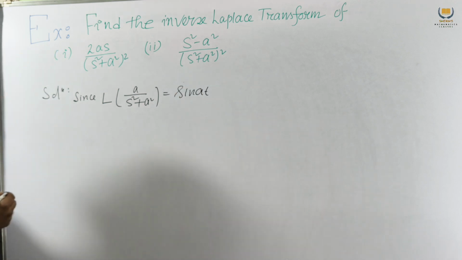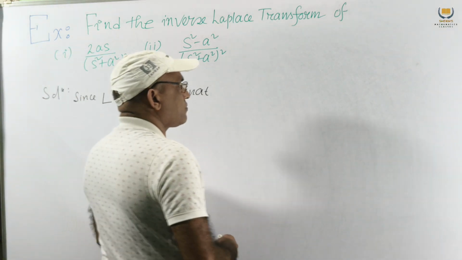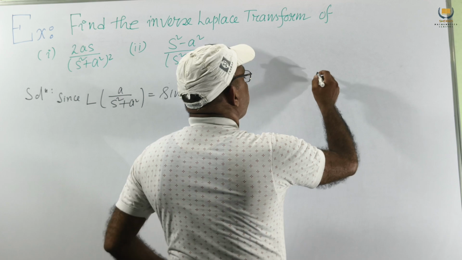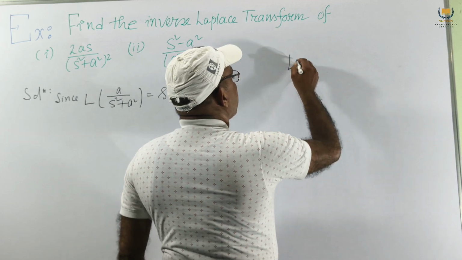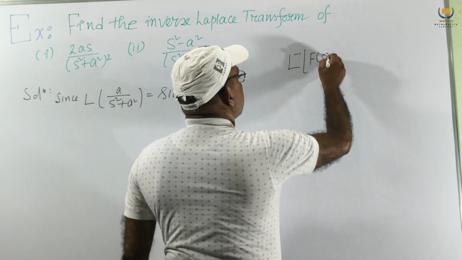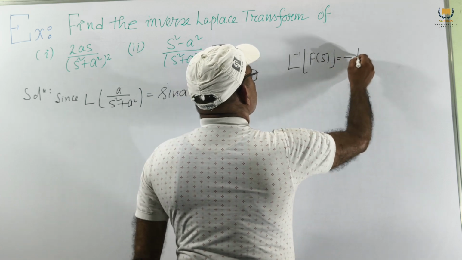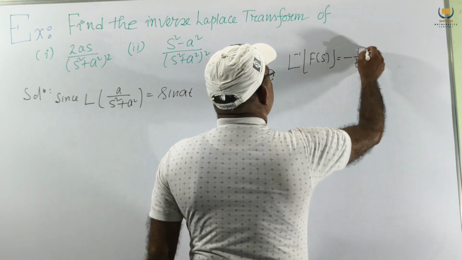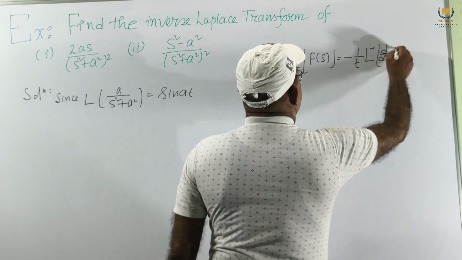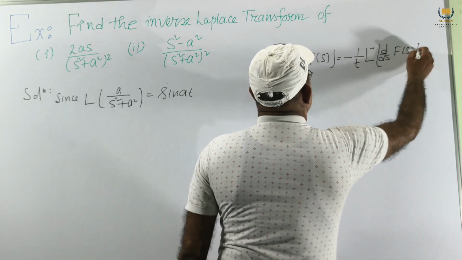We know this formula. Again we know this formula in the case of inverse Laplace transform of derivatives: L inverse of F(s) equals minus 1 by t times L inverse of d/ds of F(s).